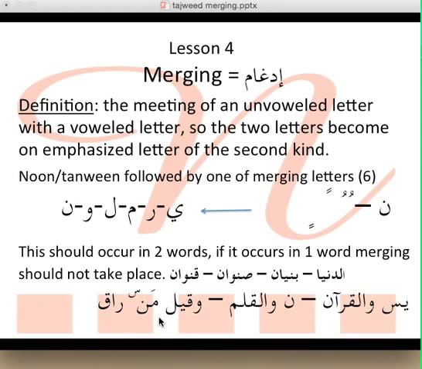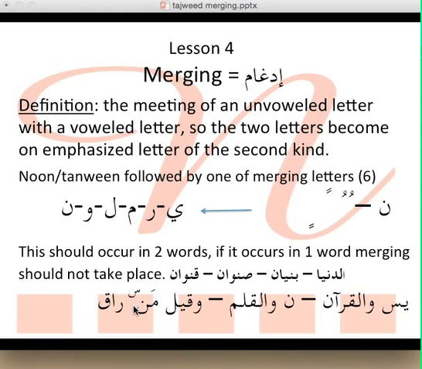Also, we've got this here: wa qila man raq. This is noon, empty noon without any vowel. And afterward there is ra, which is part of yarmilun. We're supposed to apply the merging rule, but we don't apply it in this case. Why? Because of this little seen. This little seen has another hukm or rule.